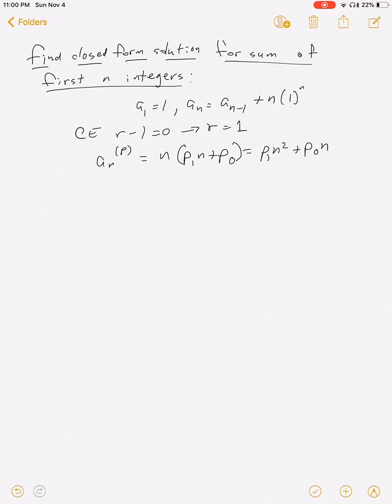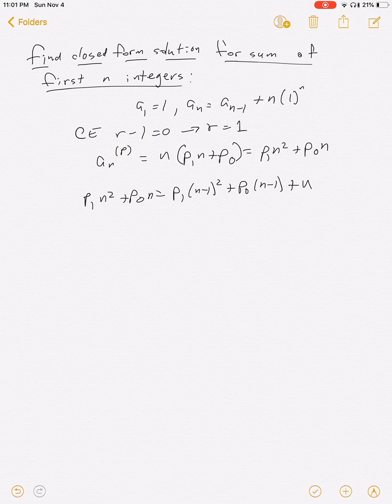And now we will proceed to insert this proposed particular solution into the recurrence relation and solve for p1 and p0. So for a sub n, I'm going to have p1 n squared plus p0n equals p1 times (n minus 1) squared plus p0 times (n minus 1), because we're evaluating it at a sub n minus 1, plus n.